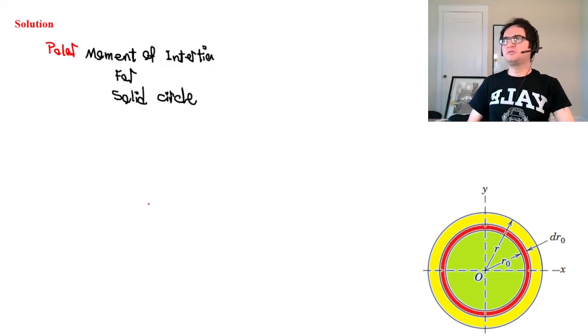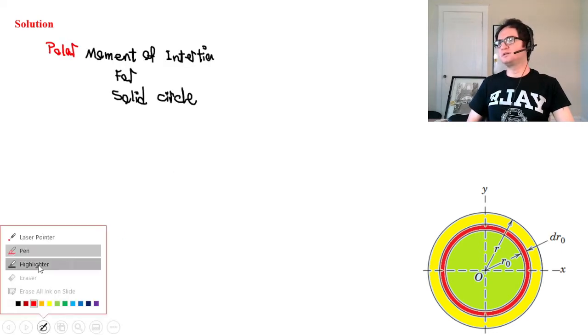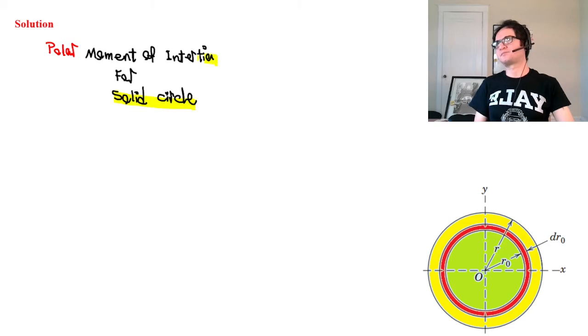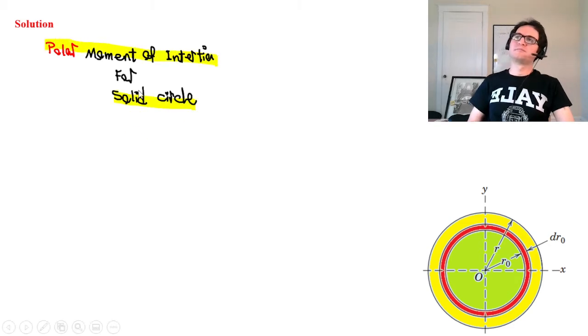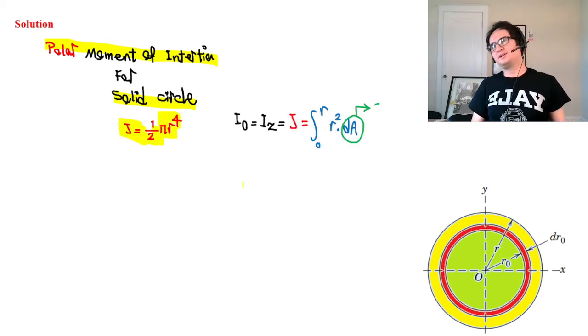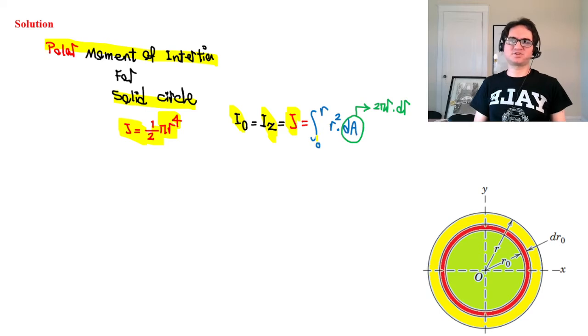The polar moment of inertia of a solid circle, J, is a half of pi r to the power of 4. That's equal to I0, or Iz, which also goes by J, and that's the integration from 0 to r of r squared dA.